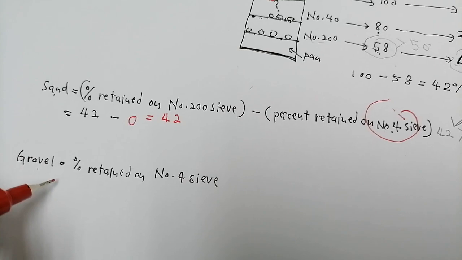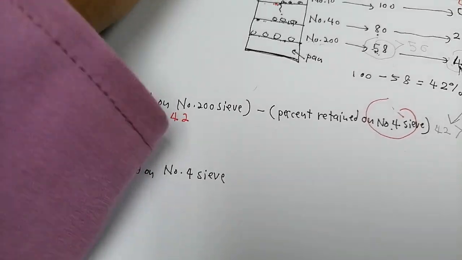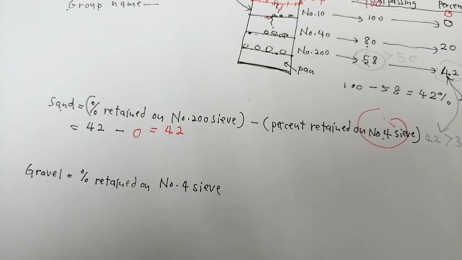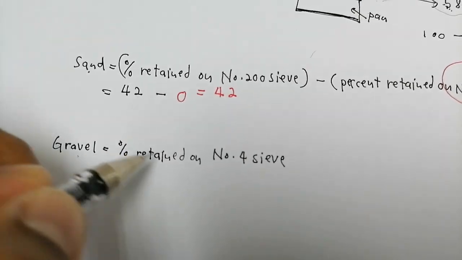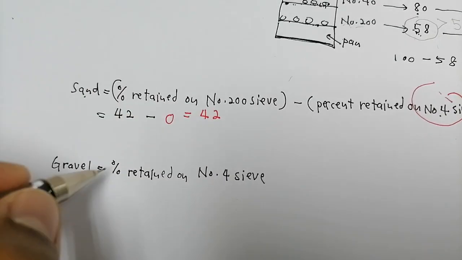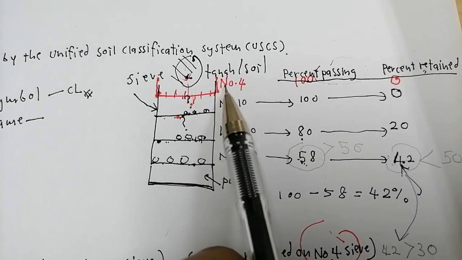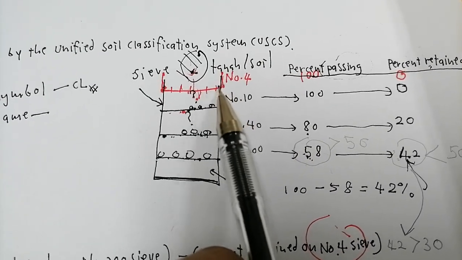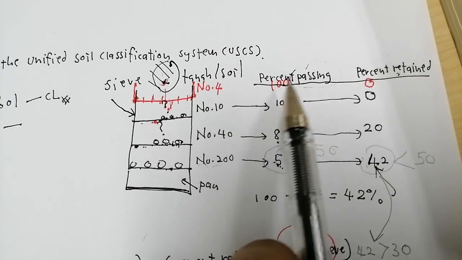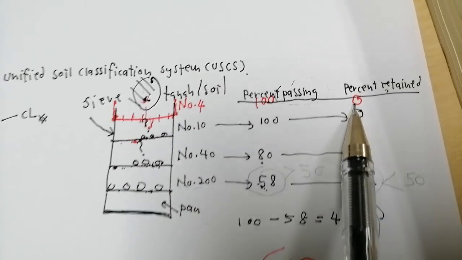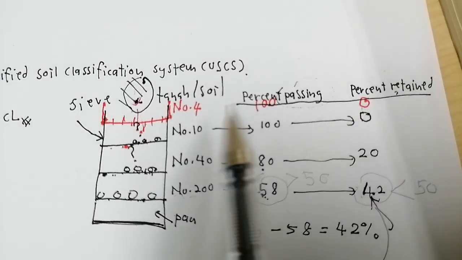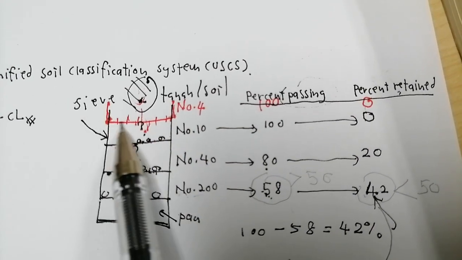Okay, untuk gravel, okay, why am I using red? Okay, for gravel, guys, is percent retained on number 4 sieve. So, which equals to number 4 sieve. Yang data tak ada, tapi kita boleh fikir tadi. Okay. Percent retained on number 4 sieve is 0 lah. Tak ada soil yang tertahan di atas sieve number 4.